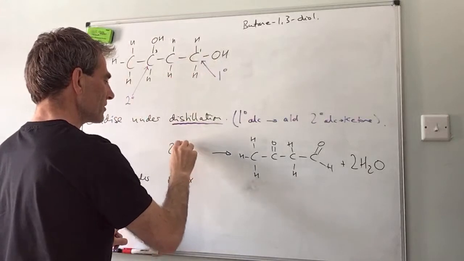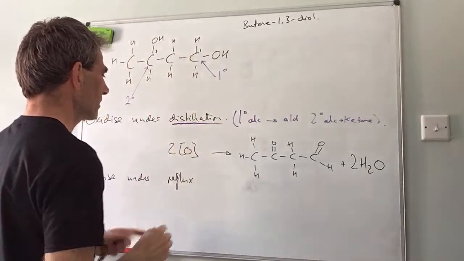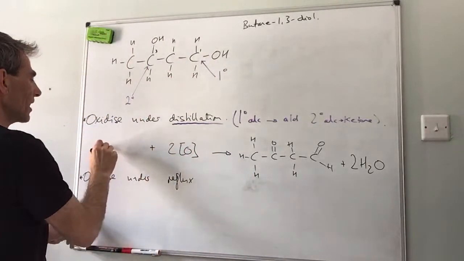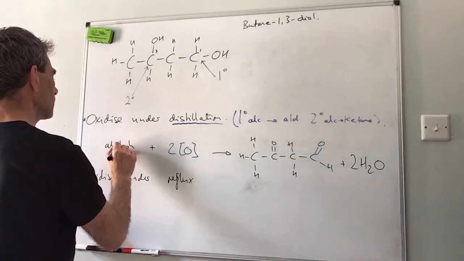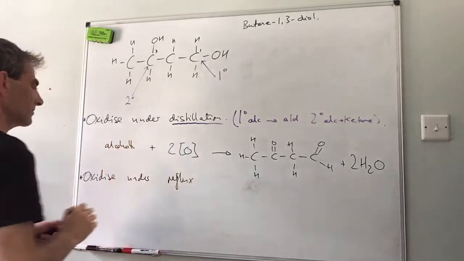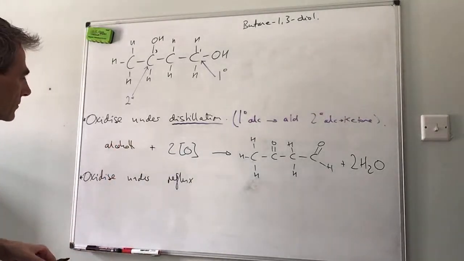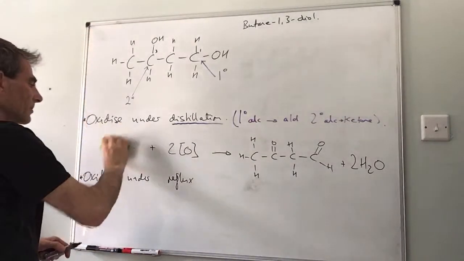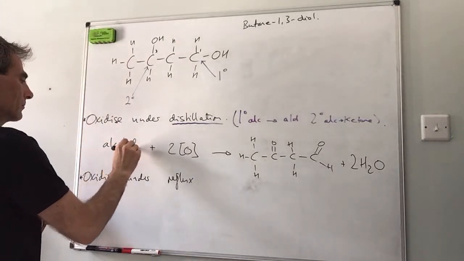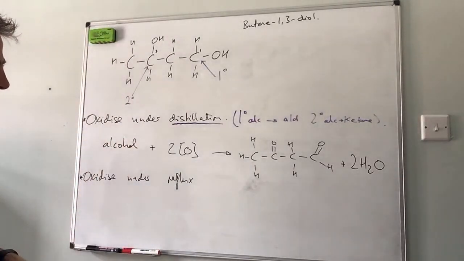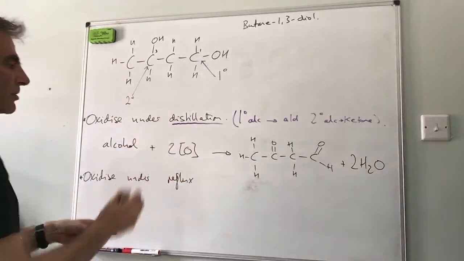So we need 2 moles of oxidizing agent. And then I'm just going to write alcohol if you don't mind. Can't spell. It's terrible. Sorry about that. So that would be if it was under distillation.